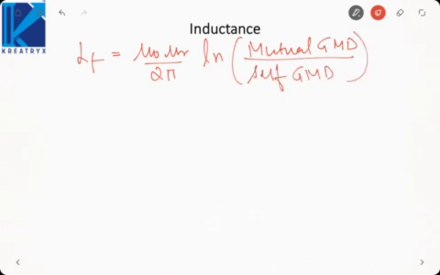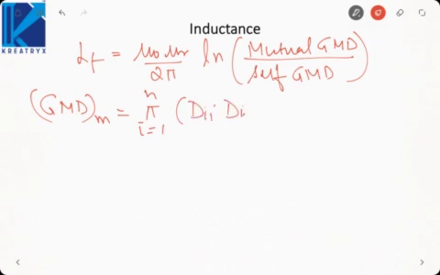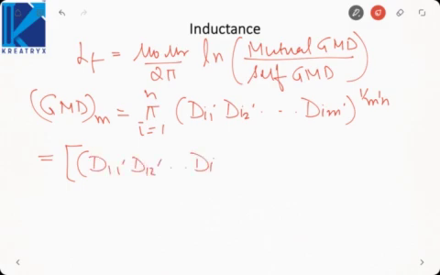Now this mutual GMD is nothing but I1 dash I2 dash up to Im dash raised to the power 1 by m dash n. If we expand this, first take I equal to 1, 1 1 dash 1 2 dash up to 1 m dash.